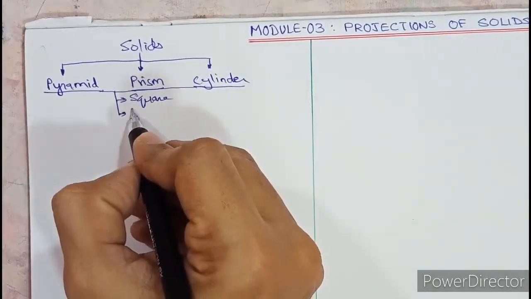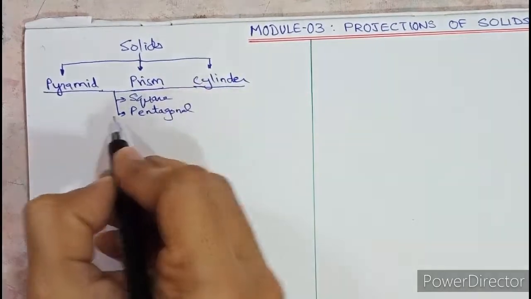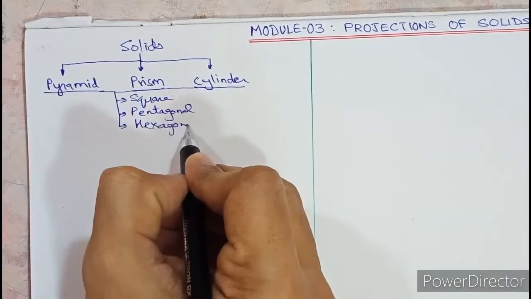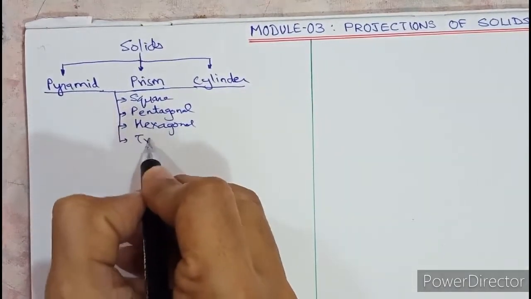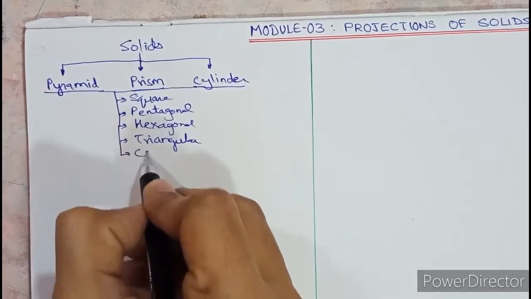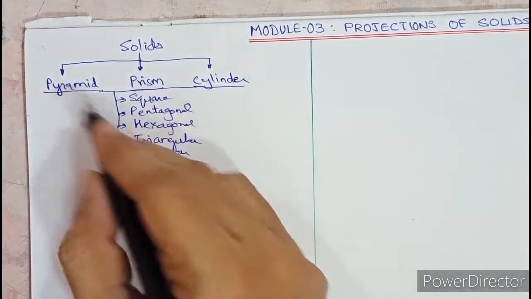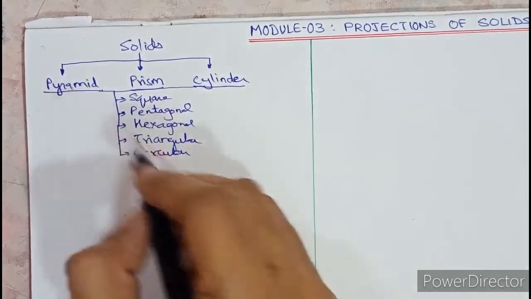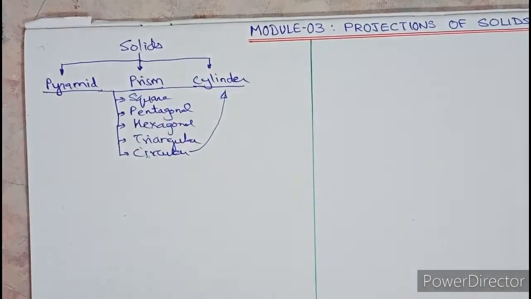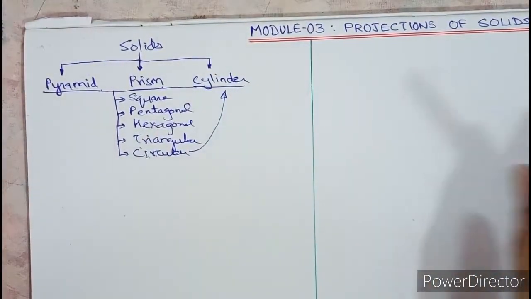It can be a pentagonal prism, or a hexagonal prism, sometimes triangular, and a special category, circular prism or circular pyramid. A circular pyramid is also called a cone, but a circular prism is called a cylinder. So as per the syllabus, we have these basic shapes.